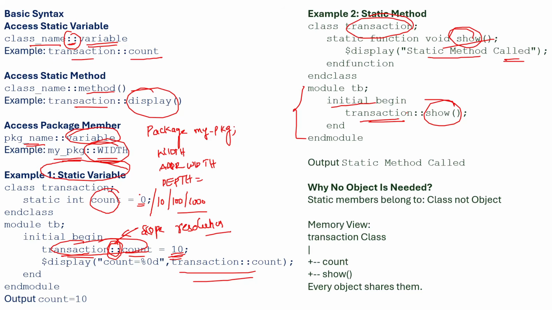So why is no object needed? I told you, static members belong to your class only and are not related to the object. You are creating the object in your module top, and based on that you call the dynamic members.